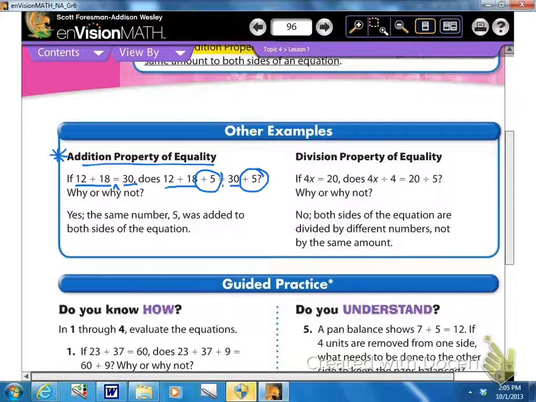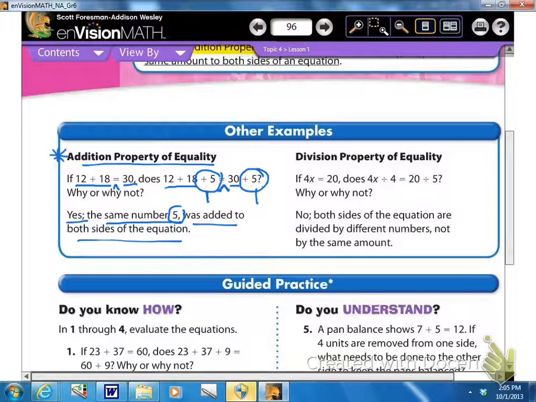So is it equal? Are we still balanced here? 12 plus 18 plus 5, does that equal 30 plus 5? Yes. Why? Because the same number, 5, was added to both sides of the equation. So 5 was added to the left side and it was also added to the right side. So this equation would remain equal.